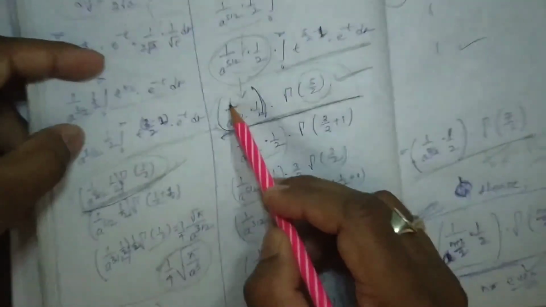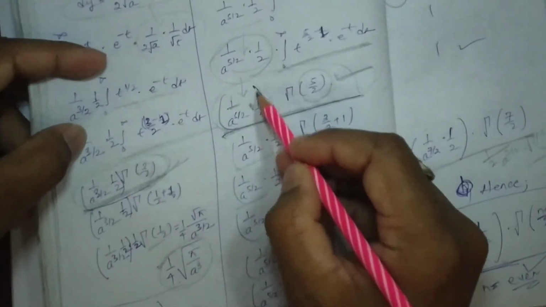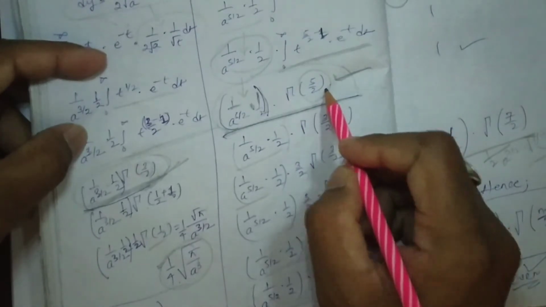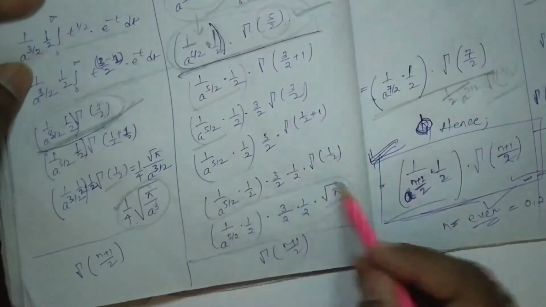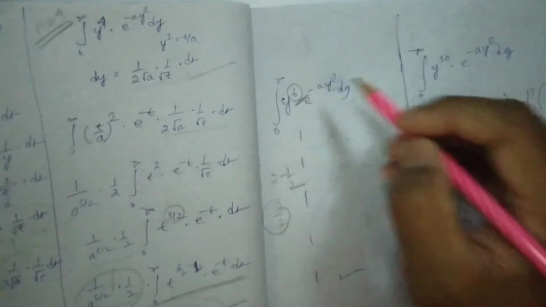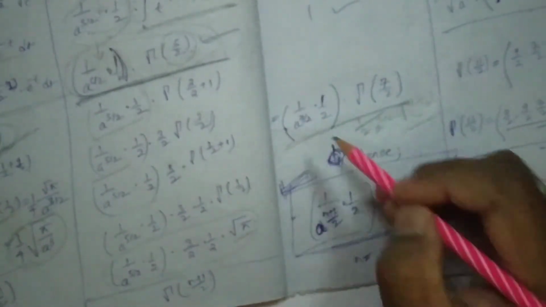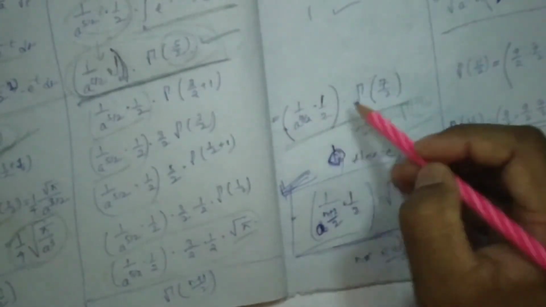Same thing we got: 1 by a to the 5 by 2 into 1 by 2 into gamma 5 by 2. So traditionally also we got this one, then after solving we got these things. Likewise, if we consider n equal to 6, then it will be 1 by a to the power n plus 1 by 2, that means 7 by 2, into 1 by 2 into gamma 7 by 2.